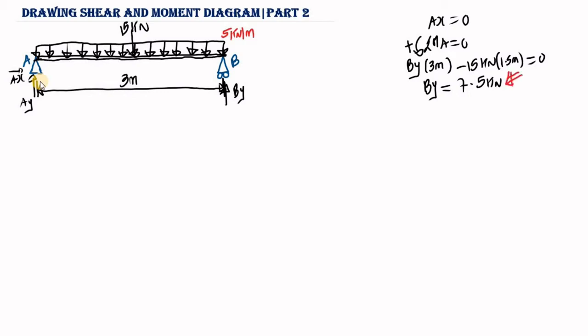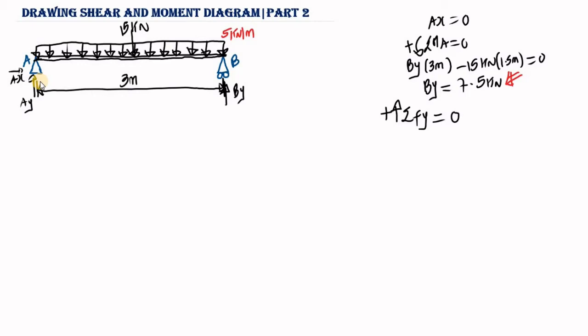Now we know BY. Let's calculate AY. To calculate AY, you just need to take the summation of all the forces in the vertical direction. So the summation of all the forces in the vertical direction is equal to 0. I'm going to assume all the forces acting upward are positive, while all the forces acting downward are negative.